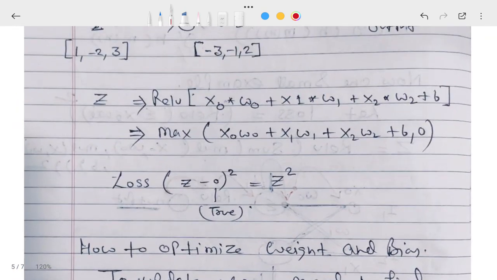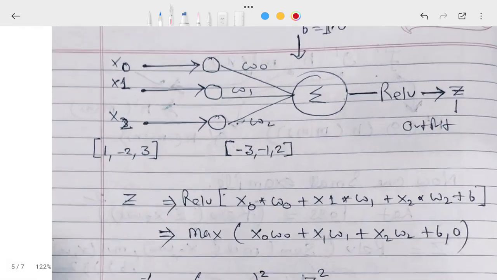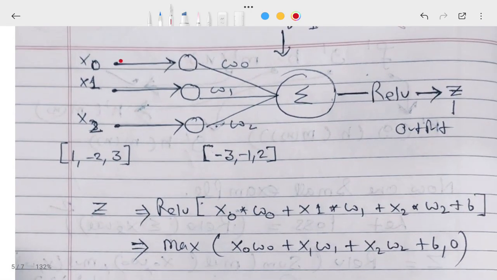Now see here what is going on. Here again I explain the same program. We have x0, x1 and x2 with weights w0, w1 and w2. There is only one output. I multiply x0 w0, x1 w1 and x2 w2, plus bias.